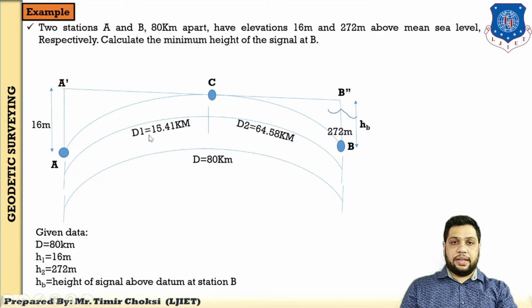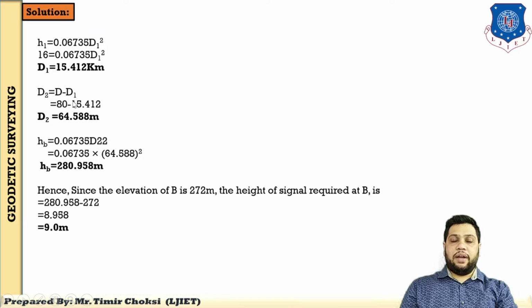So put the values of D and D1 and get the answer for D2. Now using the equation H2, or HB, equals 0.06735 D2 squared, put the value of D2 squared and get the answer for HB. So HB is 280.958.